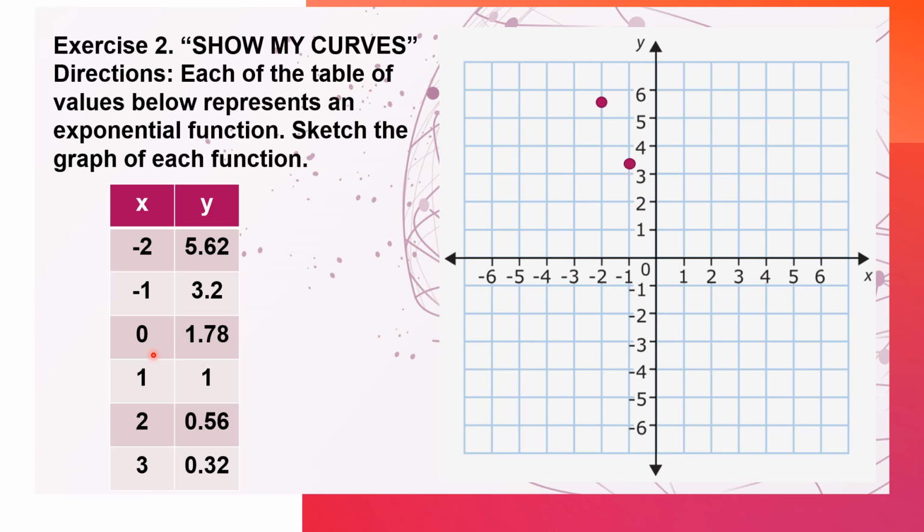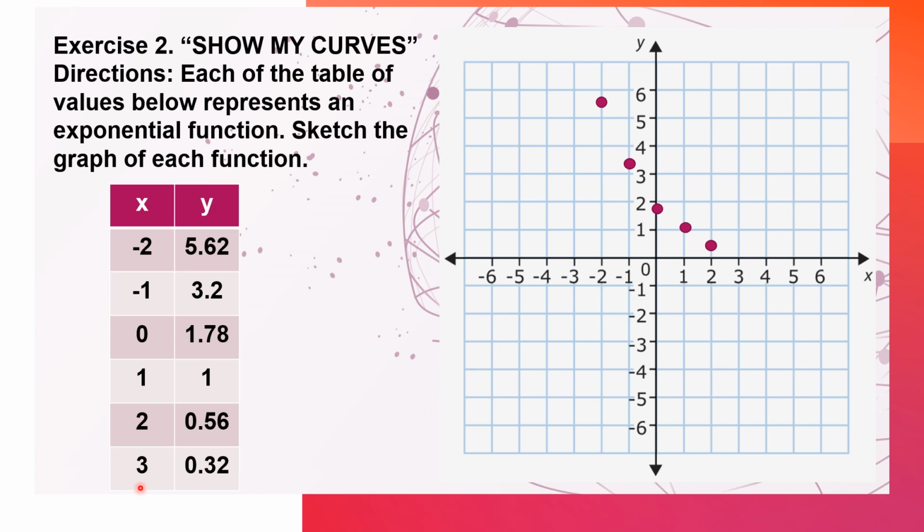Next, 0, 1.78. 0, 1.78, located somewhere here. Next, 1, 1. 1, 1, located here. Next, 2, 0.56. 2, 0.56, located somewhere here.